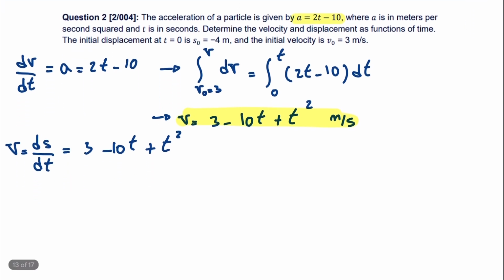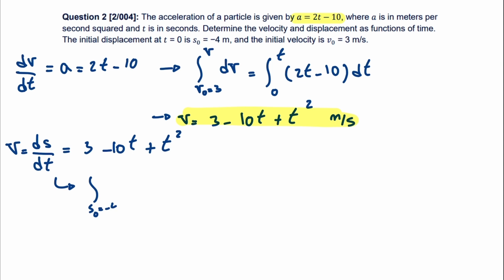And if you take the integral of this one, you can write from initial position, which is minus 4, to our final position, ds equals integral from 0 to t of our equation 3 minus 10t plus t squared dt.